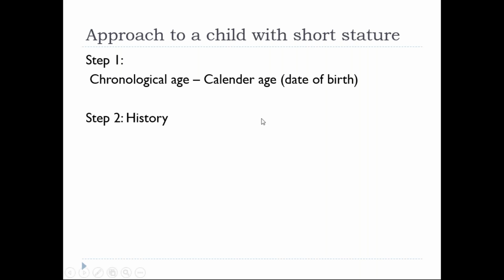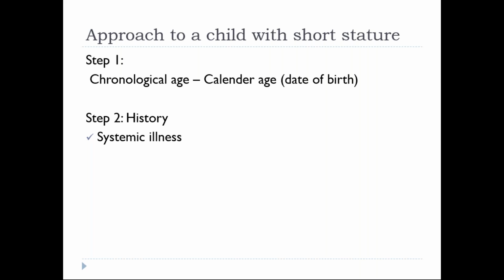So the next thing is take the history. What is the history like? Is he short? What do they feel? Since when is he short? Is he not growing well after a particular illness? Maybe he had jaundice, maybe he had some polyuria, polydipsia, maybe he has some cardiac complaints.